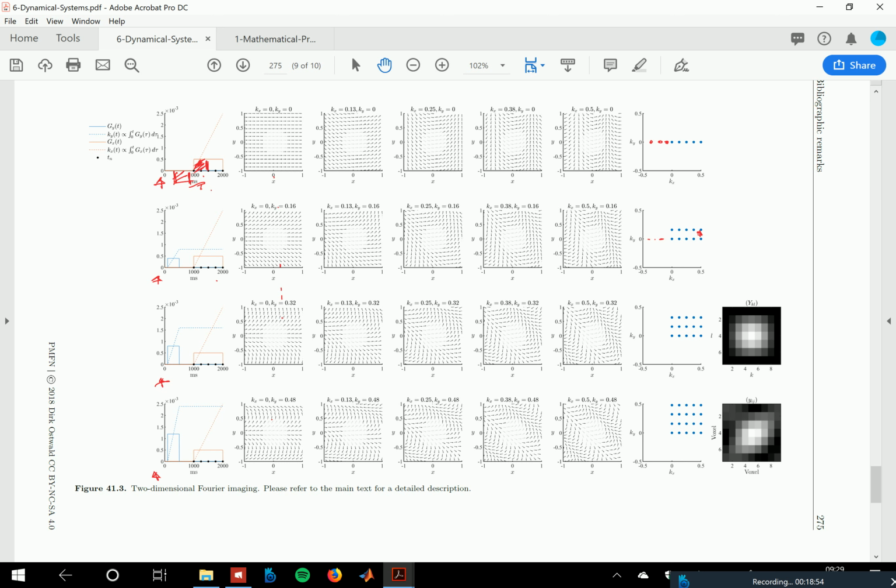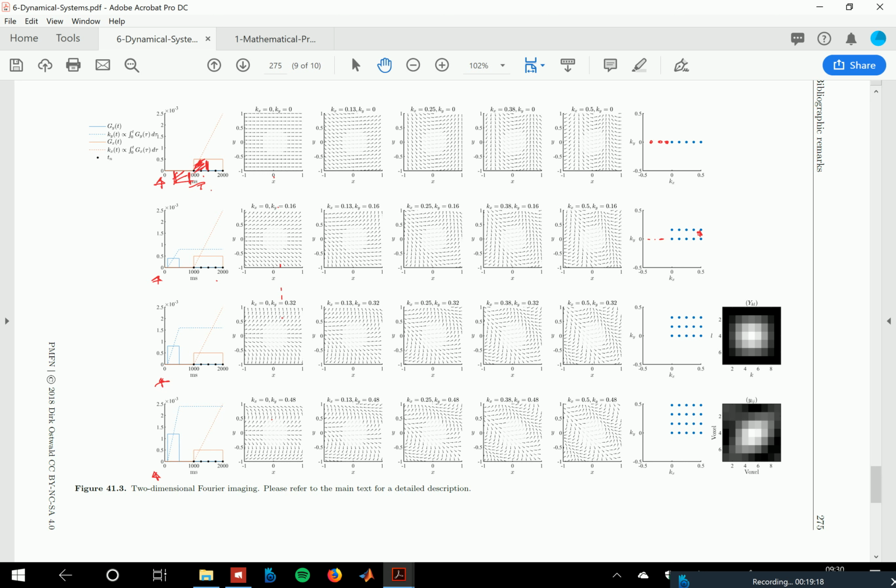The important thing is that, of course, k-space in the end determines how your image looks. Because as you remember from discrete Fourier transform, the number of data points that you acquire in k-space determines the spatial resolution of your image.